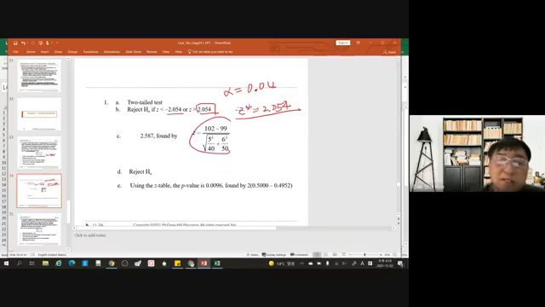We calculated 2.587, which is outside, bigger, so we will reject.